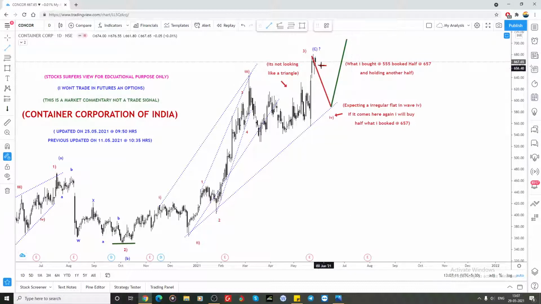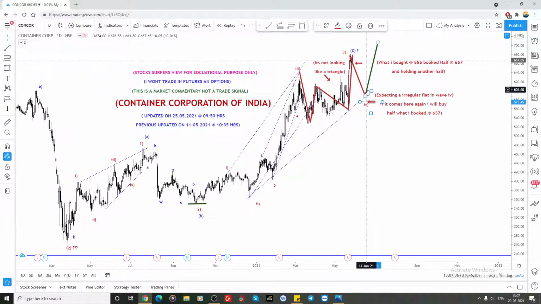Why I'm just holding, I need this one, because I took this as an impulsive, and this is a three-way structure, it's not a five-way structure. So I need this wave for the fourth wave, and again if it reaches the 590 zone or 600 nearby, I will buy again what I booked at 657.